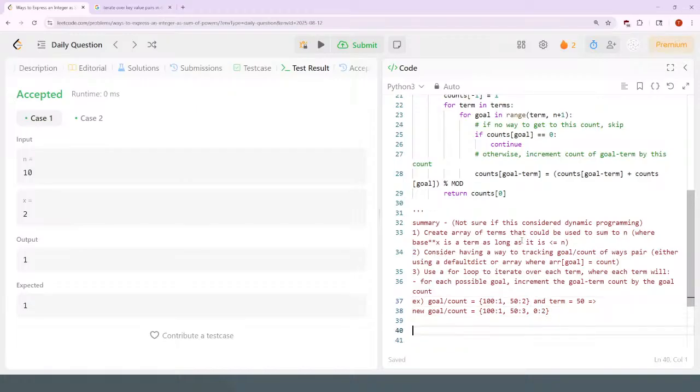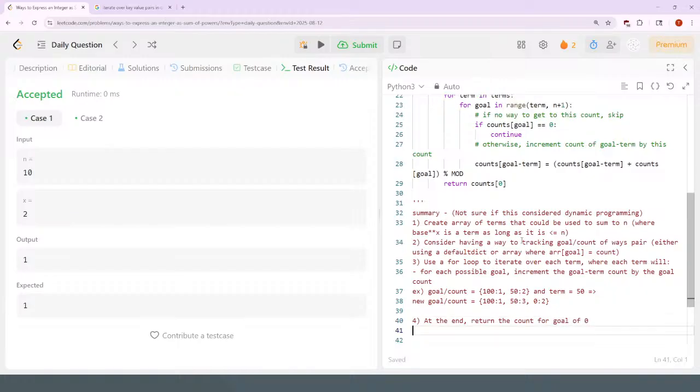So now iterate over those. At the end, return the count for goal value of 0.